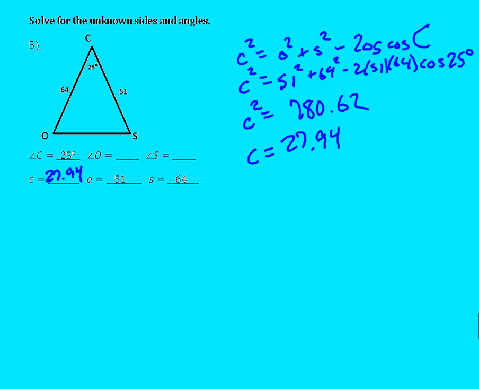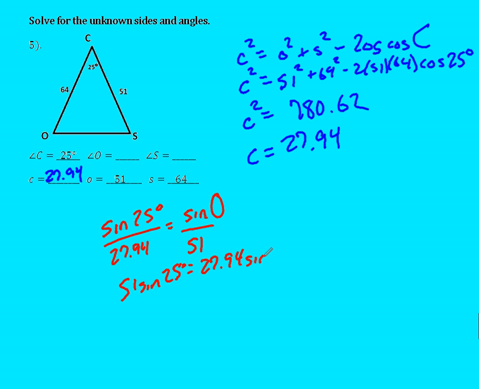Next step then is to try to find one of the angles. I now have something I can set up with the law of sines. So, sine of 25 degrees over 27.94 is going to equal sine of big O over little o, which is 51. Cross multiply: 51 sine of 25 is equal to 27.94 sine of big O. Divide both sides by 27.94, and I get sine of O is equal to 0.7714.